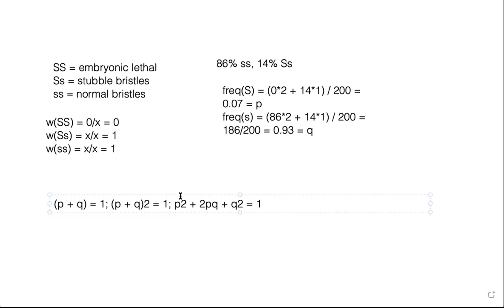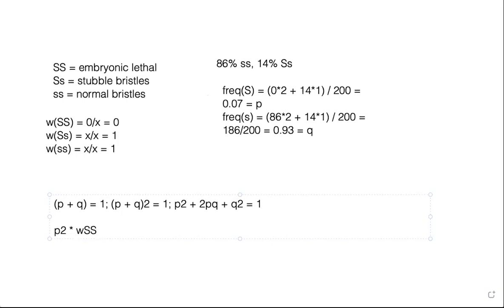What we're going to do is add something to this. So to calculate something called the mean fitness, I'm going to take P squared and multiply it times the fitness of the associated genotype.